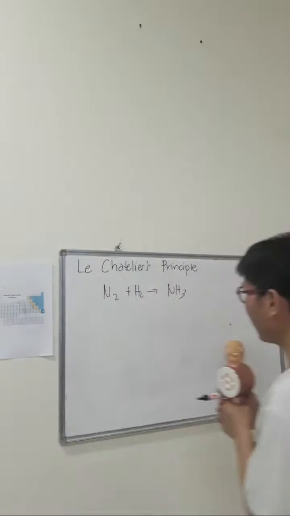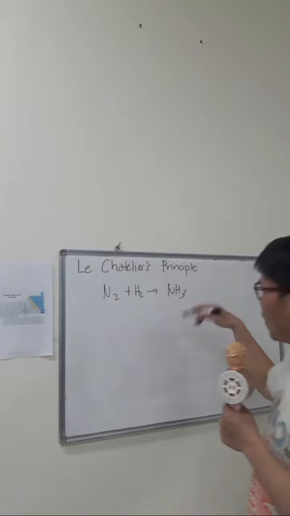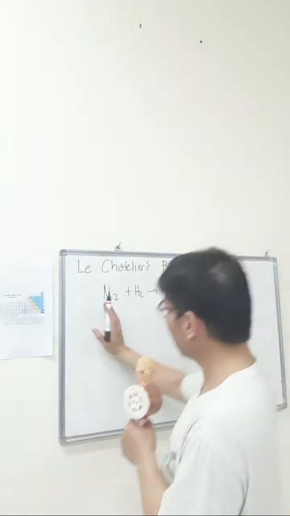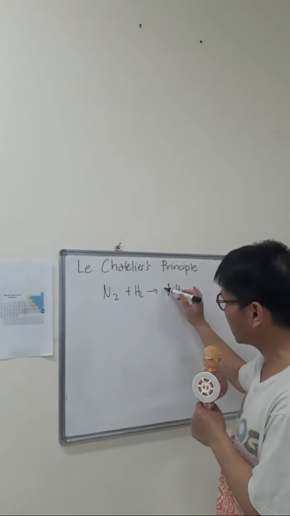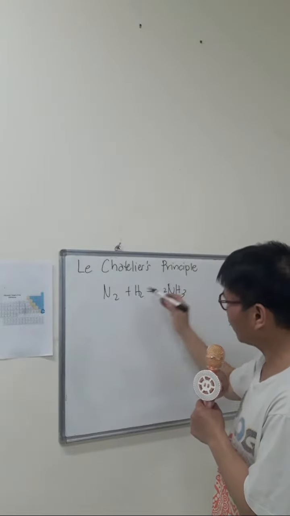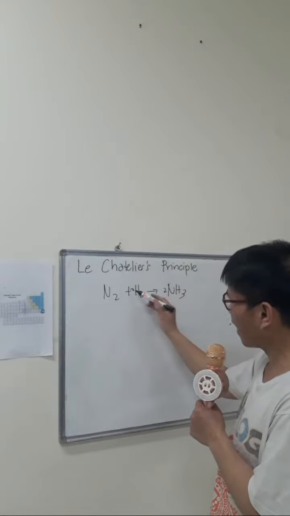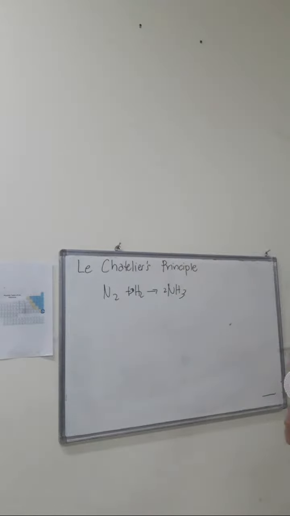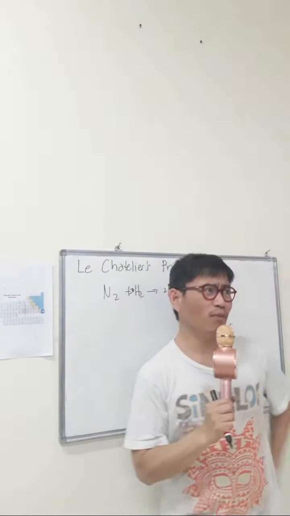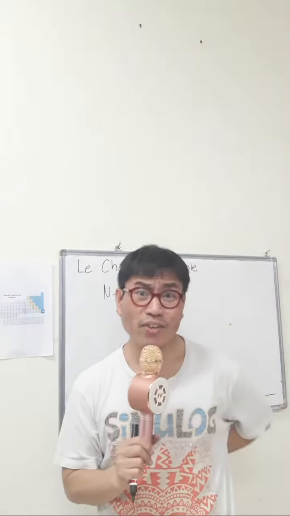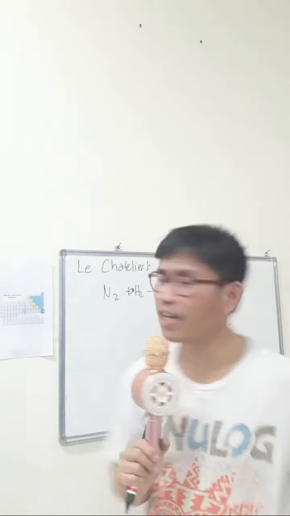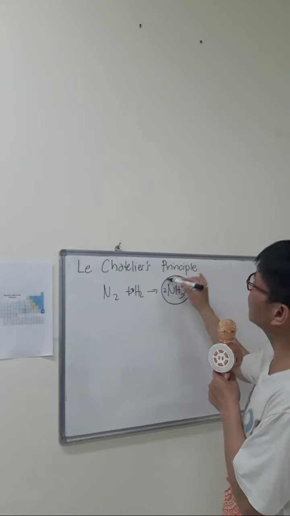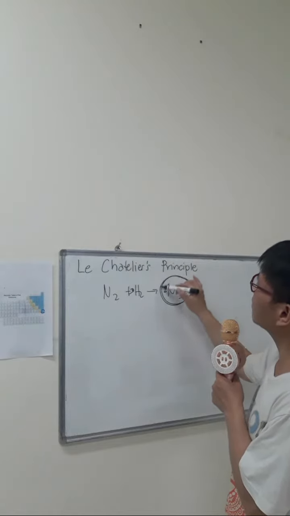We need to balance the chemical equation: nitrogen 2 on the left and 2 on the right, then put 3 on the hydrogen, so 6 hydrogen atoms balance, perfectly balanced. This is at 150 atmospheres pressure, and it will yield ammonia.